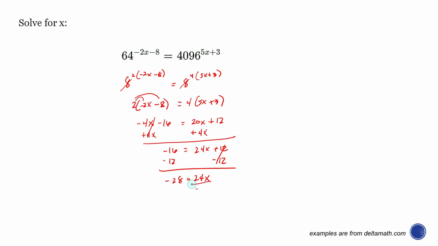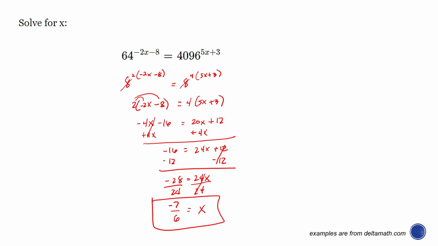And then divide by 24 on both sides. Now, this is going to be a fraction, so the GCF of 28 and 24 is 7. No, not 7, it's 4. So negative 28 divided by 4 is negative 7, and 24 divided by 4 is equal to 6. So the final answer is negative 7 over 6.